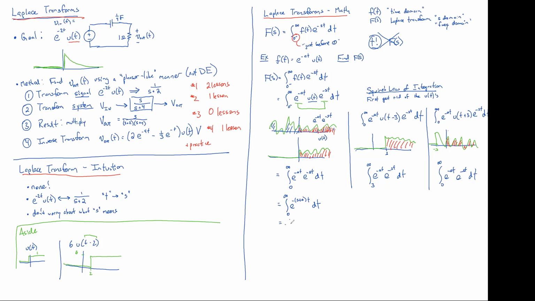So is it minus s? I need a little bit more room. So you're saying it's minus s plus a, and then leave the rest the same. e to the minus s plus a t, and we're going to integrate that between 0 and infinity.